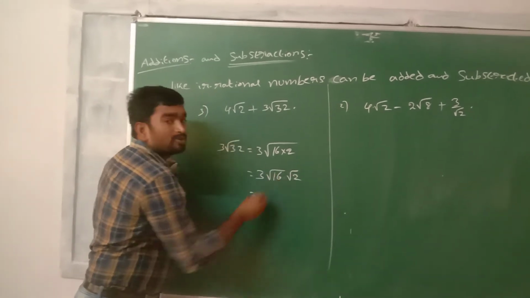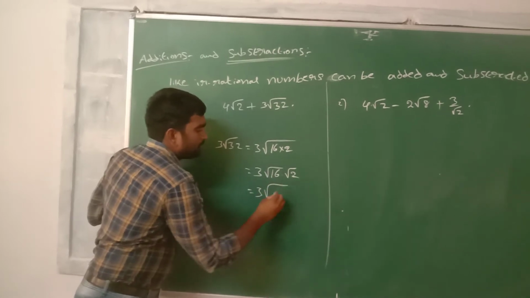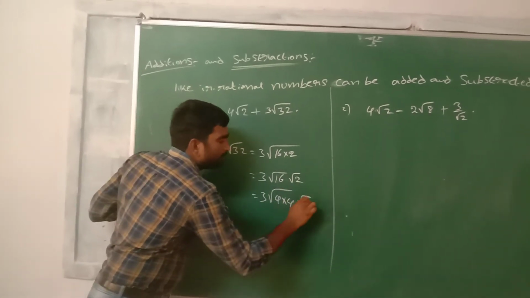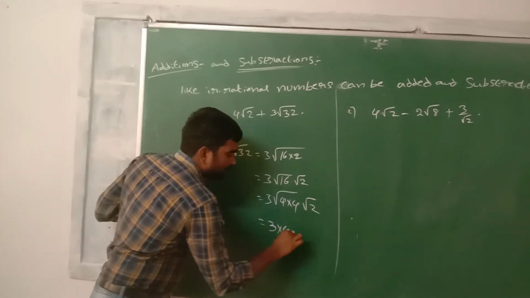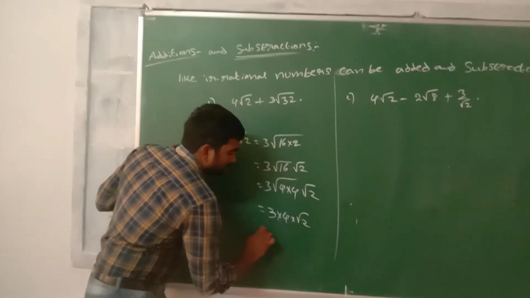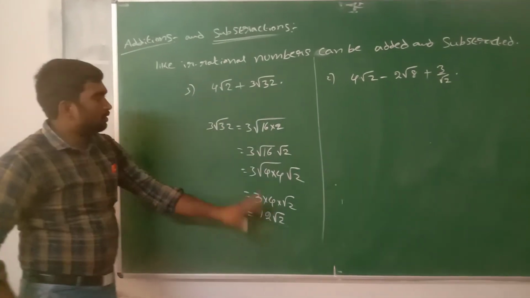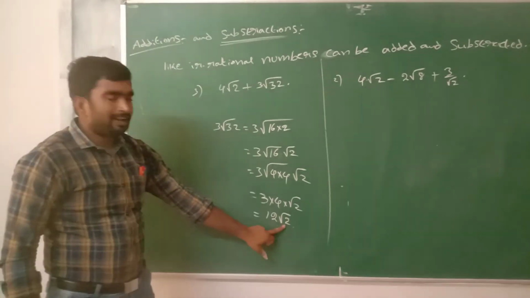Root 16 value is 4, so 3 into 4 into root 2, that is equal to 12 root 2. So the 3 root 32 is converted into the common factor of root 2.